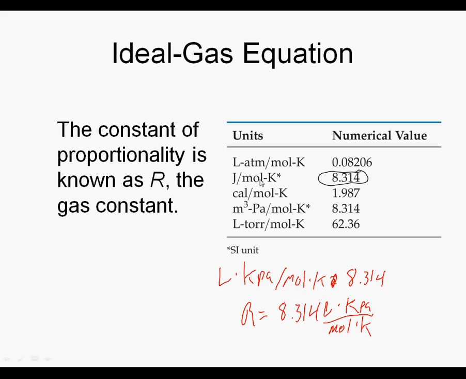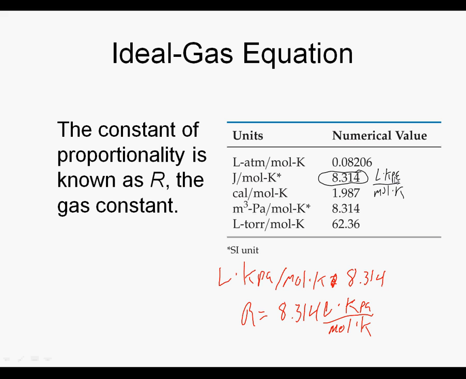8.314. Now they call this joules per mole Kelvin, but it doesn't work so well with the ideal gas equation unless you think of it as liters times kilopascals divided by mole times Kelvin. That suggests that pressure times volume equals work. See that? Because joules is energy, and that is a very important thermodynamic notion that is true.